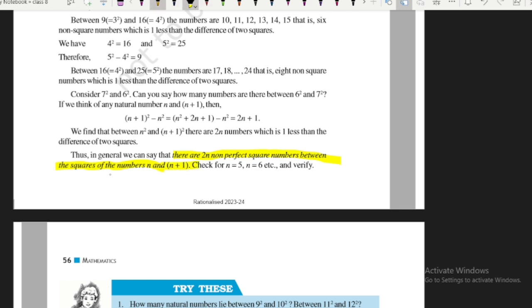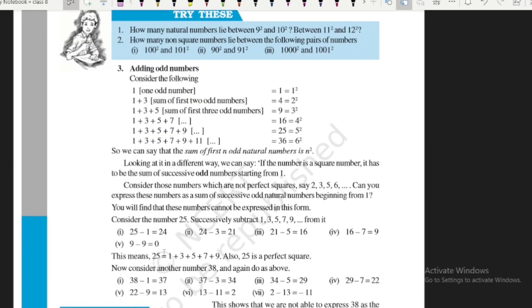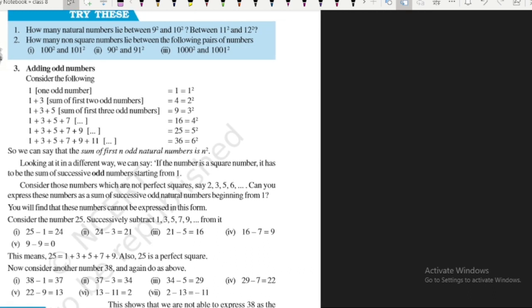Now the next property we are going to see is adding odd numbers. This is also an important property. You have to remember it, you can apply it in competitive exams. If you add odd numbers, 1 is 1 square. 1 plus 3 is 4, which equals 2 square.